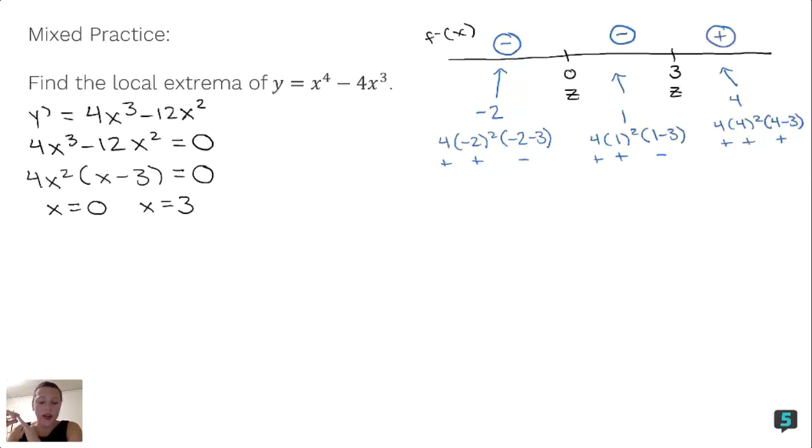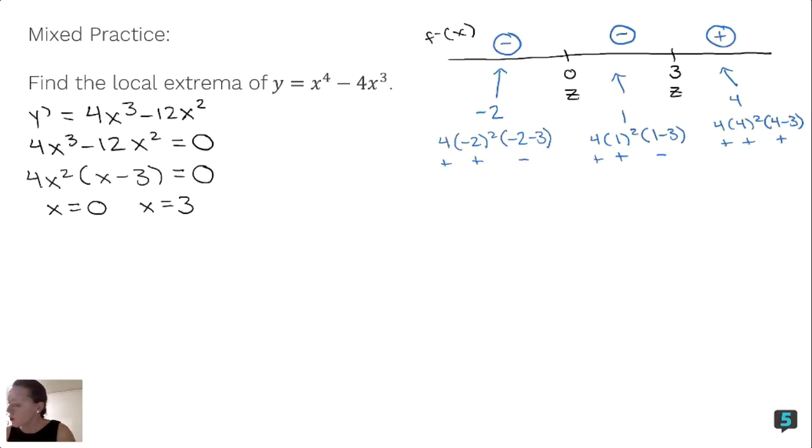And that tells me that f of x is decreasing from negative infinity to 0, and 0 to 3, and that f of x is increasing from 3 to infinity. Now, this question doesn't specifically ask me about when my derivative is positive and negative or when my function is increasing and decreasing, but I need to know that information to determine where it has a relative maximum and where it has a relative minimum, okay?